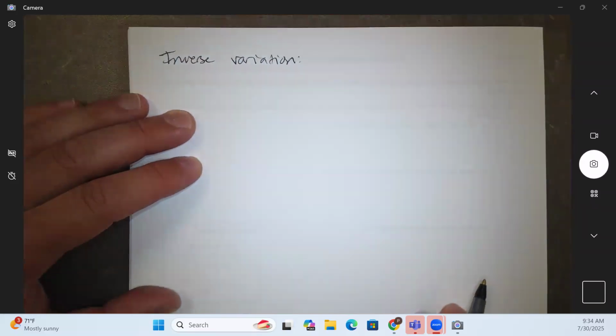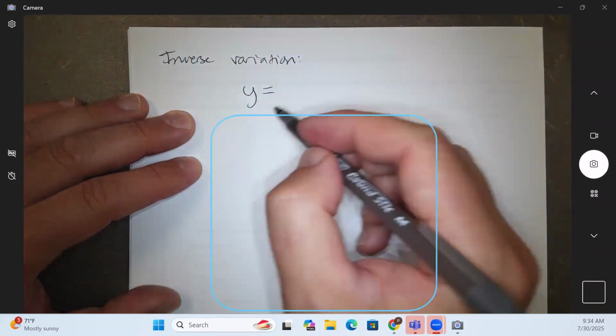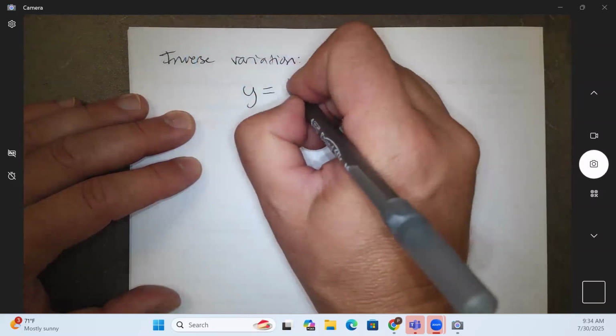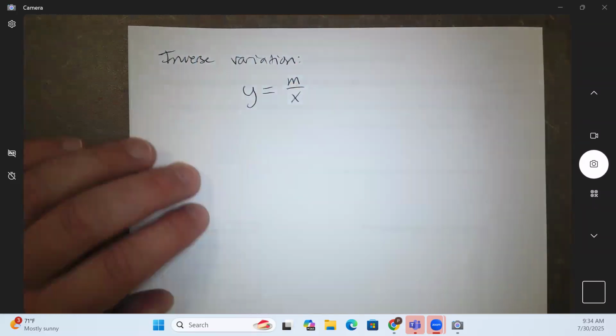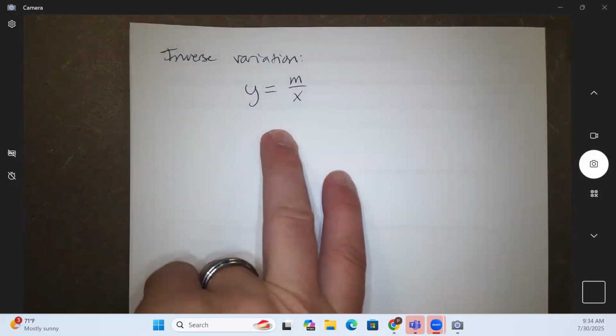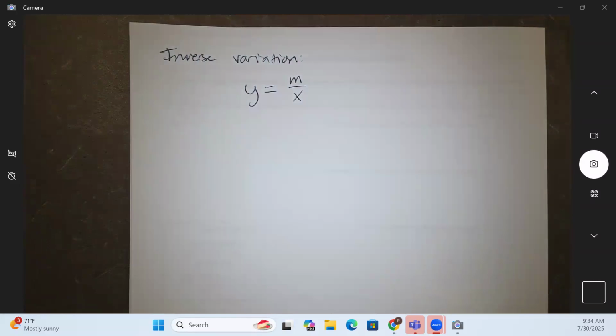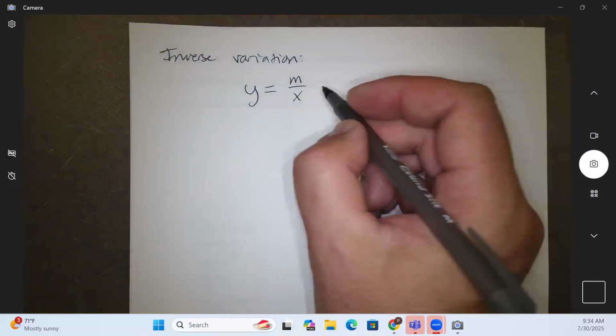It's very similar, but now instead of y equals m times x, it's y equals m divided by x. This is no longer linear. This is called a rational function. Rational means fraction. It's a function built off of fractions.